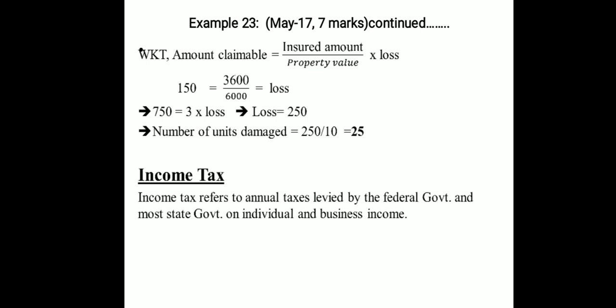After 3 lakhs he has to pay 10% up to a certain limit, up to 5 lakhs it seems. After 5 lakhs 15%, 5 to 10, and after that 30% in general, in the present case it seems.